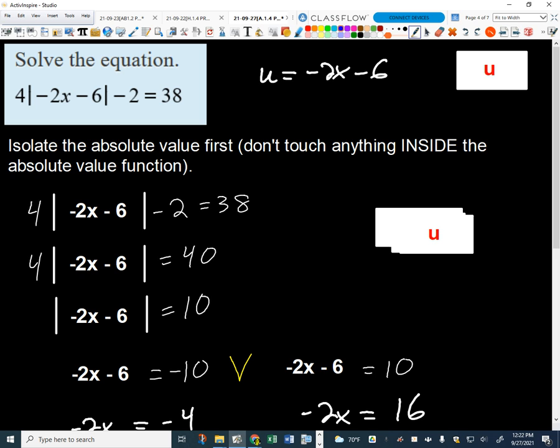I want to point one more thing out here. In this example right here that we did, notice that I had an absolute value of a negative 2x minus 6. One thing that people always want to do is get rid of those negative signs because it's inside an absolute value. And I get why they do that.